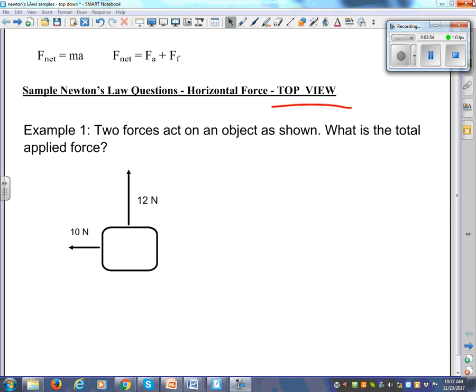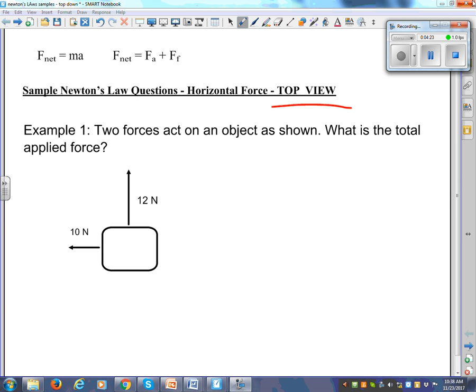Two forces act on an object as shown. What is the total applied force? So remember, we are looking at it from a top-down type of view. Okay, you ready, man? Yeah. Okay. So, when you have forces at an angle like this, how do we add them? Remember when we go back way back to the pirate thing, how do you add the vectors?